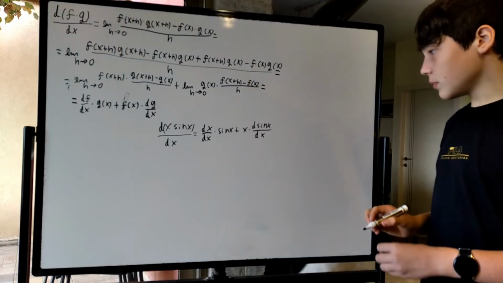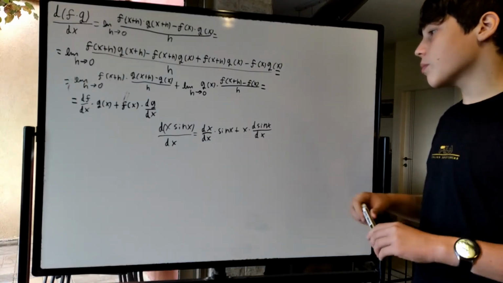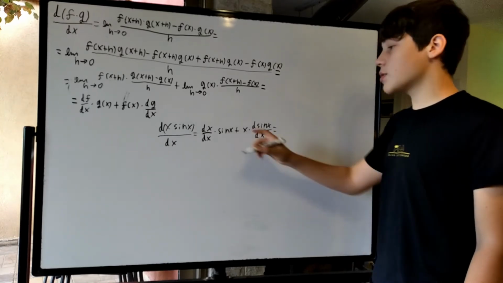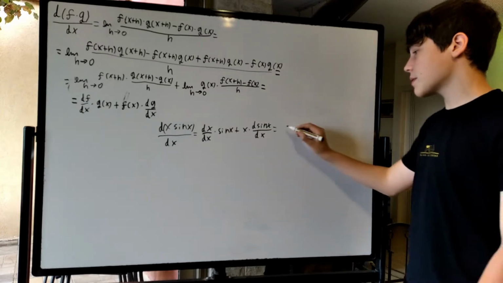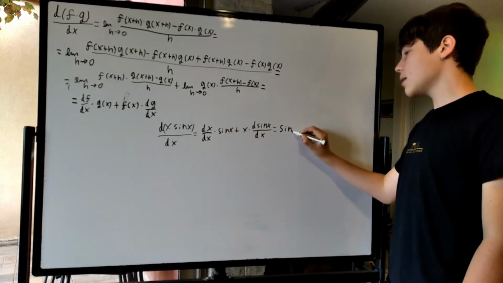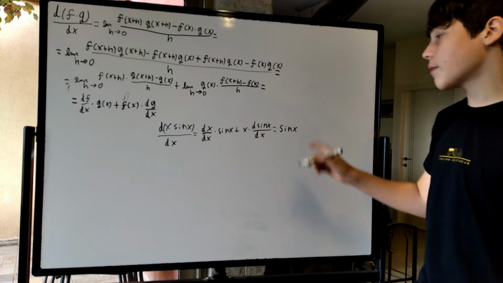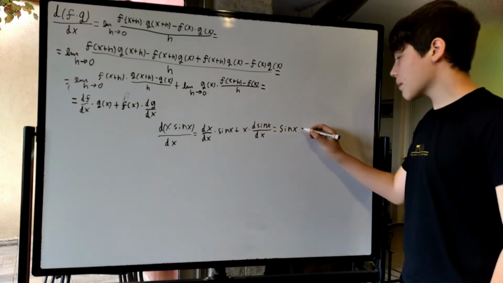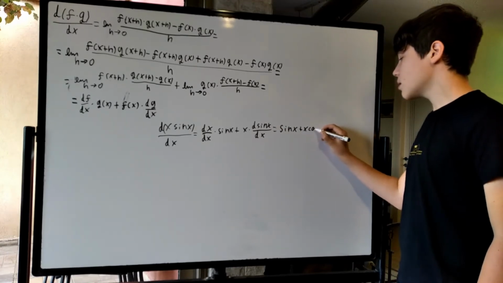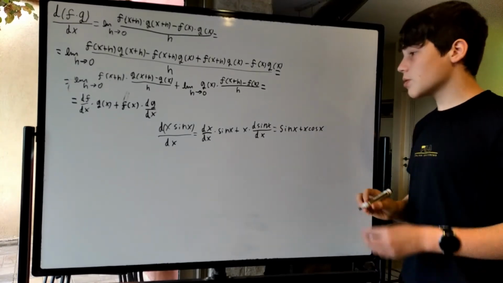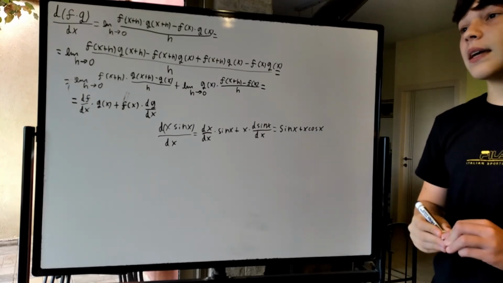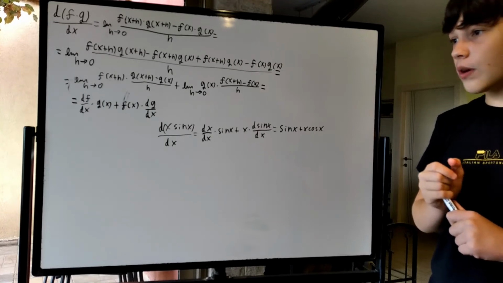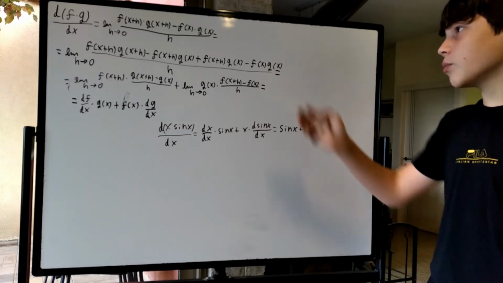So we're multiplying x by the derivative of sine. And we know the derivative of x with respect to x is obviously 1. So this is going to be sine x. And we know the derivative of sine x with respect to x is cosine x. Multiplying by x, we get plus x cosine x. So something that would be really tedious to calculate with the definition of the derivative can now be easily calculated with this simple formula.